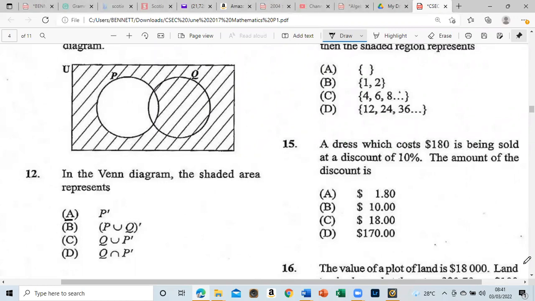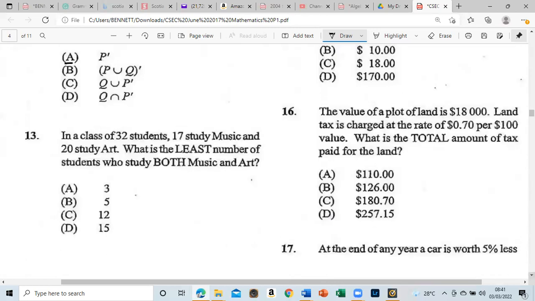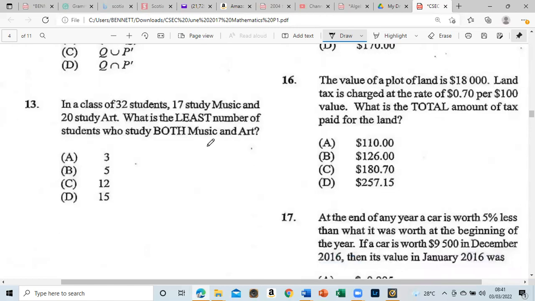Alright, let's move on to number 13. It says in a class of 32 students, 17 study music and 20 study art. What is the least number of students who study both music and art? Alright, so the universal set is 32. Let's write it.